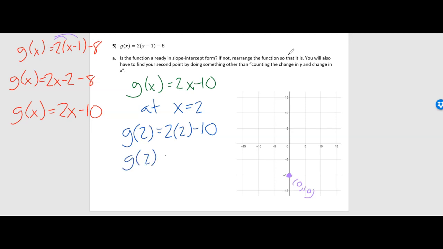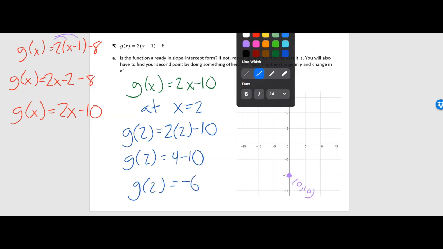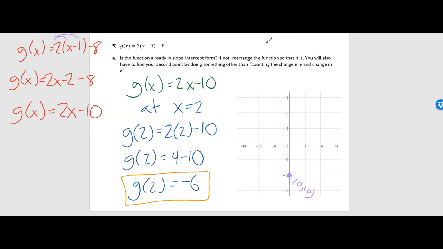I get g of 2 is equal to 4 minus 10. And I get g of 2 is equal to negative 6. This represents my y value, or my output. My input was 2. My x value is 2. And I should be able to plot, right? My point now becomes 2 comma negative 6.